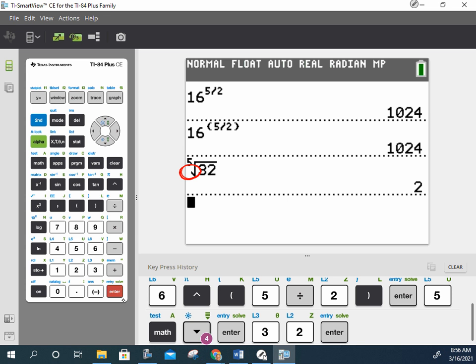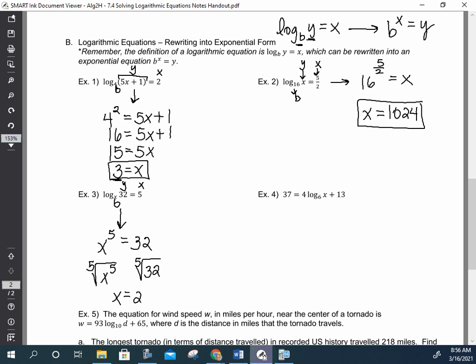Get your answer of 2. So if it's a simple enough number, go ahead and just work it out yourself. But for more complex numbers, go ahead and use the calculator. So, any questions 1, 2, or 3?